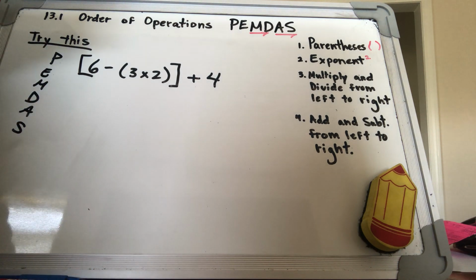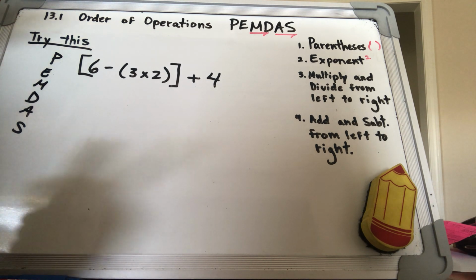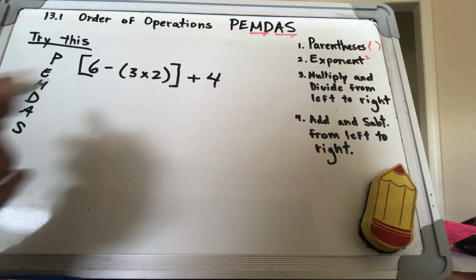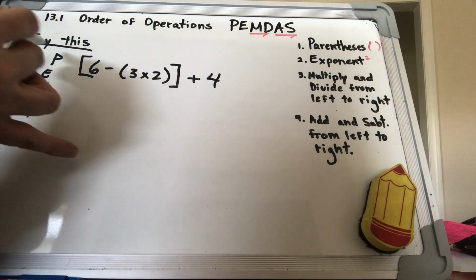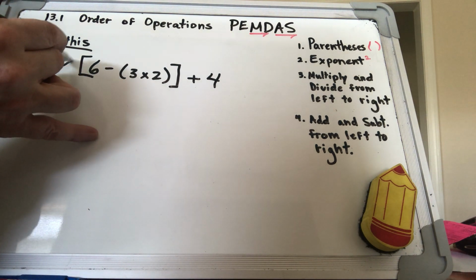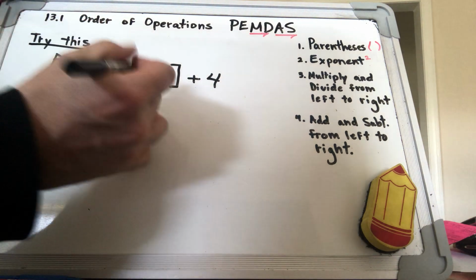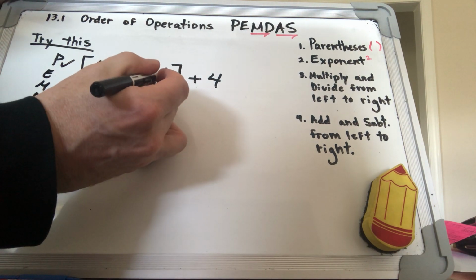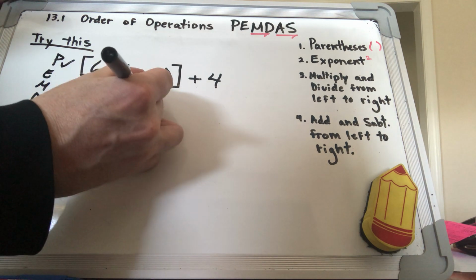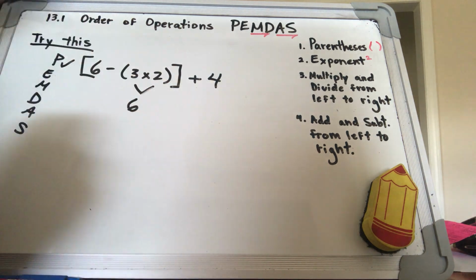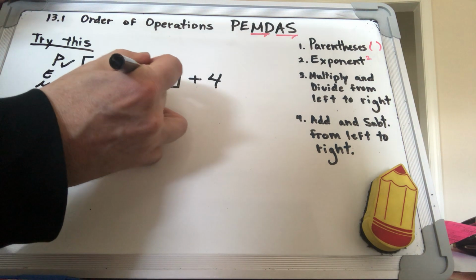So, what we do first is we start with the parentheses on the inside. And this is a little challenging. So, the first step is parentheses. I'm going to check that off because I'm going to do the parentheses right now. 3 times 2 is 6. So I finished with that set of parentheses.